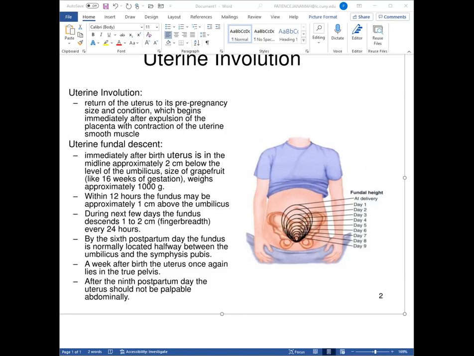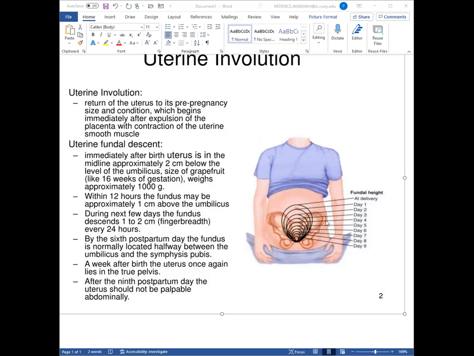So the endometrium regenerates, the fundus steadily descends into the pelvis, and fundal height will decrease by 1 centimeter each day after delivery. By 10 days postpartum, the uterus cannot be palpated abdominally. So when you try to palpate the uterus 10 days after delivery, you cannot palpate it anymore. It has gone back as an abdominal organ.